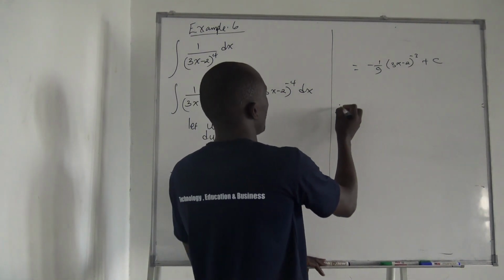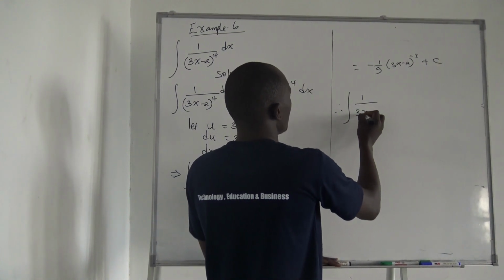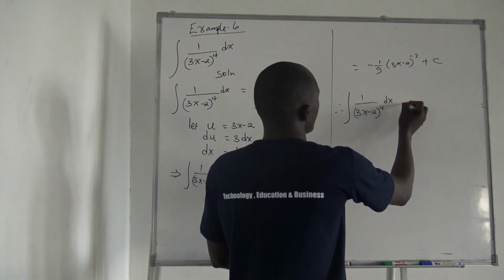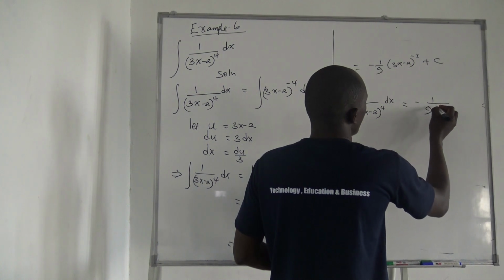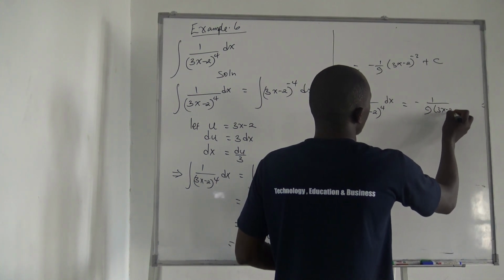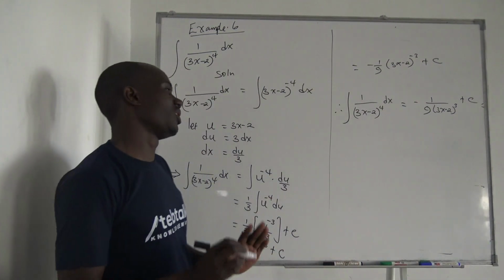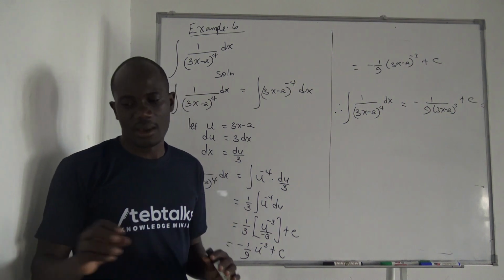So we said therefore integral of 1 out of (3x minus 2) power 4 dx is the same as negative 1 out of 9 into (3x minus 2) power 3 plus a constant of integration. So that's how we do such kind of numbers.